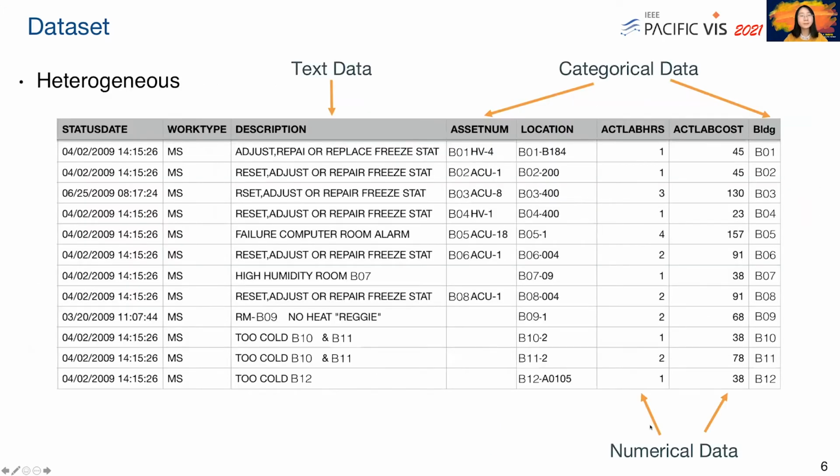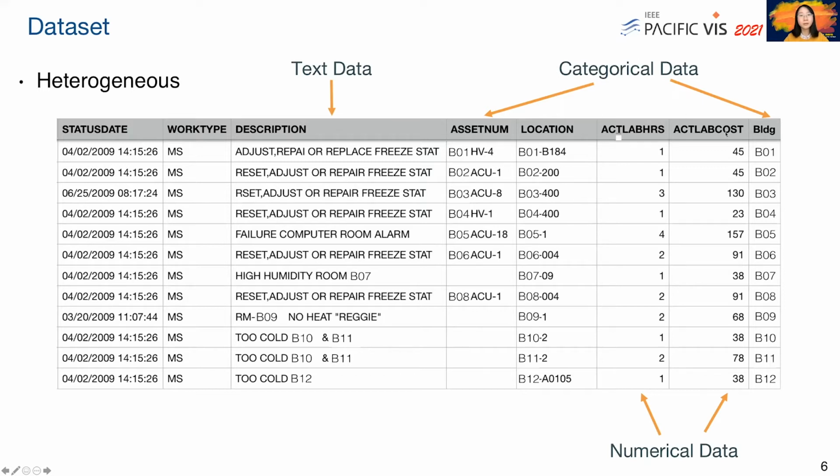It is hard to directly show you the entire dataset here, but let's have a closer look at this small piece of the dataset. As you can see, there are at least 3 types of data in the dataset. The description can be considered as text data, and asset number and building can be considered as categorical data.